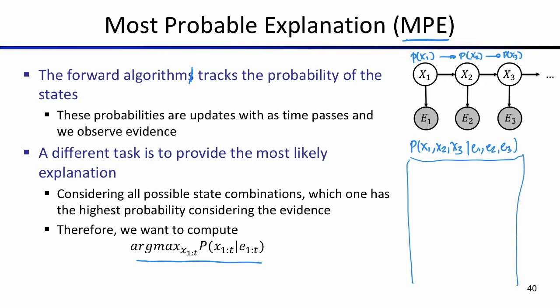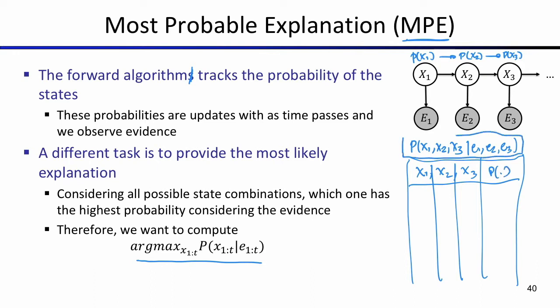And we have here the variables x1, x2, x3, and we also have columns in the table, and we also have the probability, and the probability is this guy here, right? So we observed these variables, so they will not be represented here as columns because we have already observed, so they are going to be fixed values.